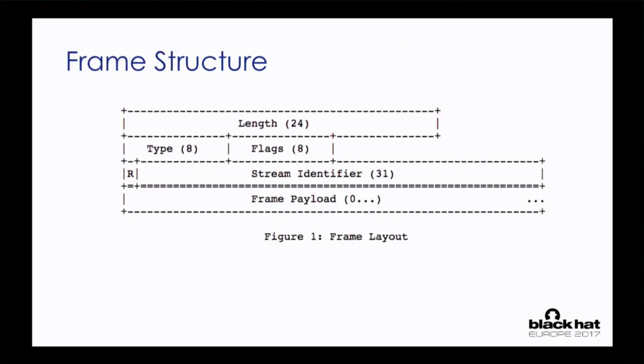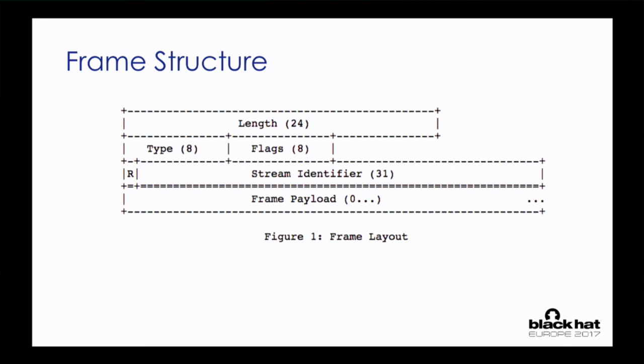So I've mentioned that HTTP2 is a binary protocol, and that means that everything is getting packed into a binary structure. And this is the layout of a frame according to the RFC, where the frame payload might change, but the headers of the frame are constant. You have the first 9 octets of a frame. The first 24 bits are an unsigned integer that denotes the length of the payload.